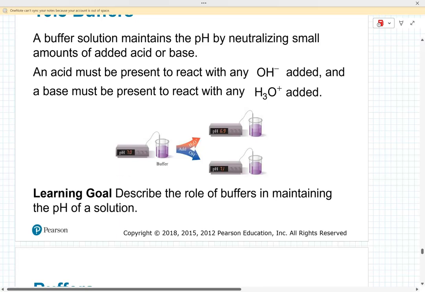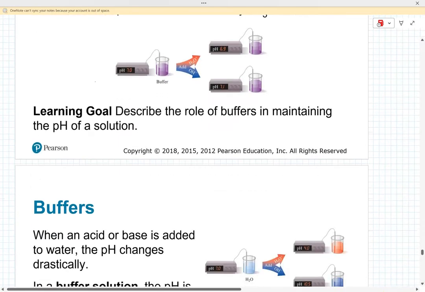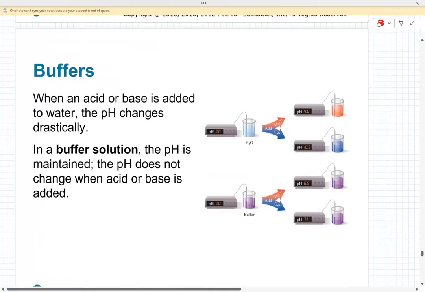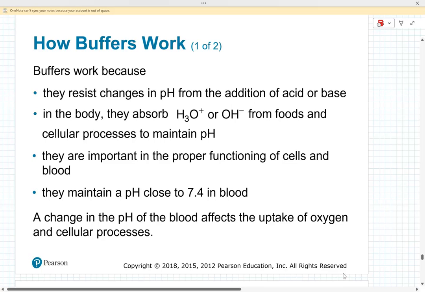You already worked with buffers. Buffers maintain the pH of a solution. Okay? Now, the pH does not change when acid or base is added. It's not going to change in a certain range. If you pump the solution with concentrated hydrochloric acid, it's going to overcome the capacity of a buffer to neutralize the changes. Okay?